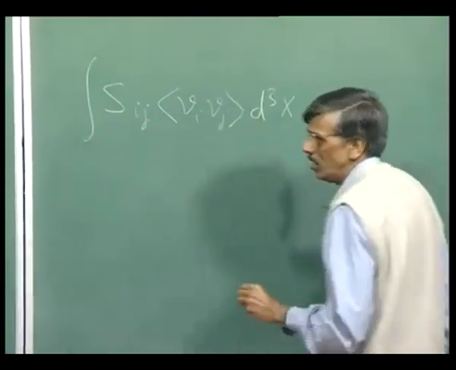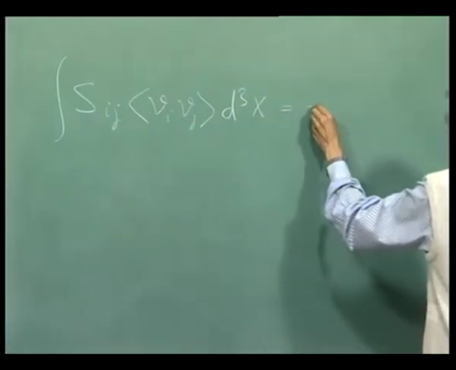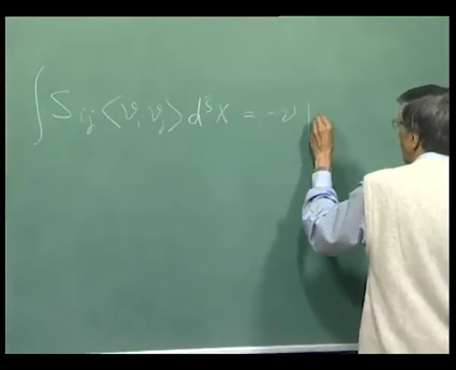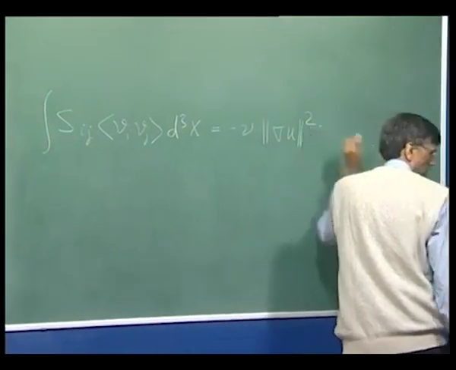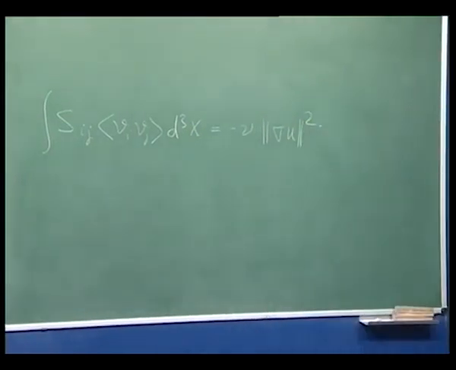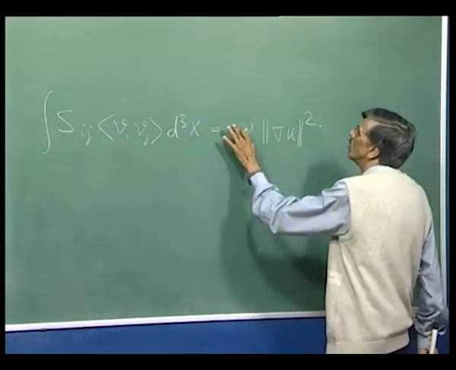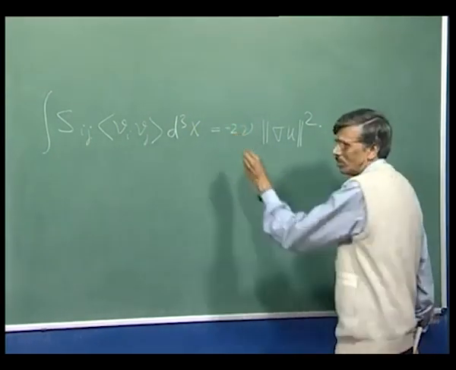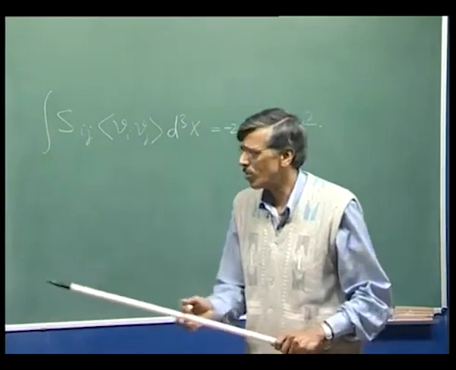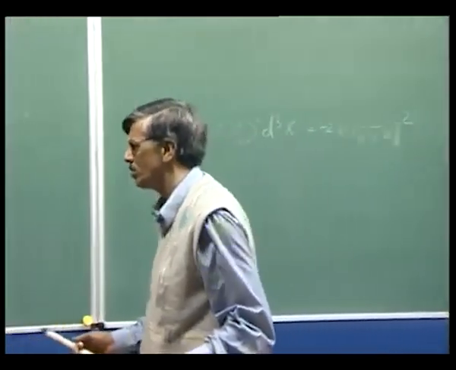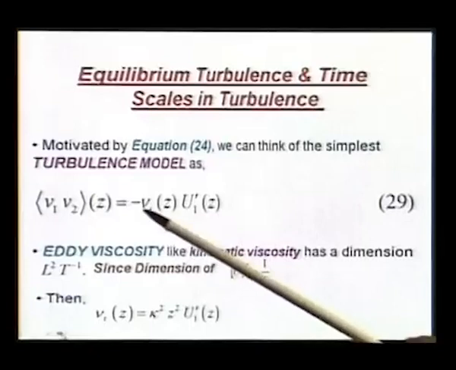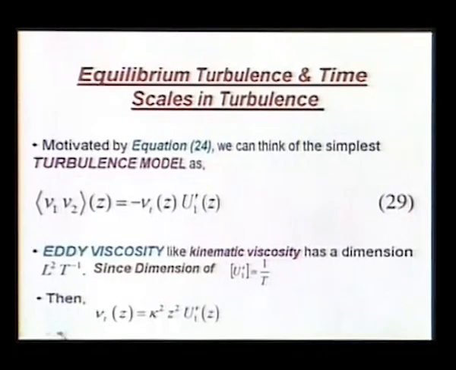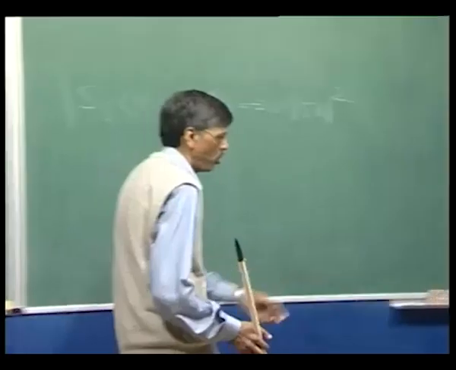This volume integral is equal to minus nu times this, right. So, that is the equation that we have. Of course, there is a factor of 2 missing here. So, what will be the simplest possible turbulence model? That should be given by this, because that is what our previous equation has shown.